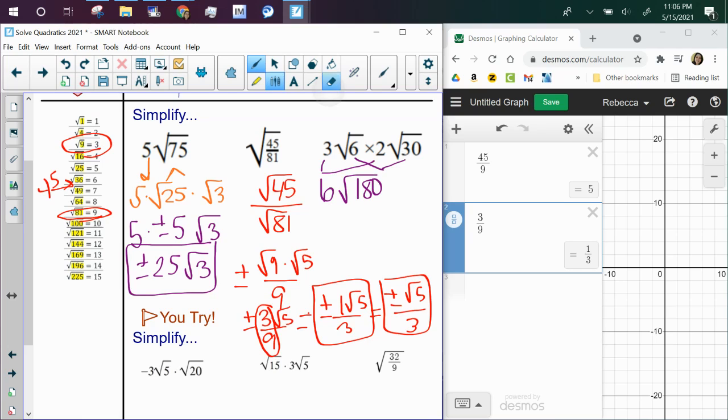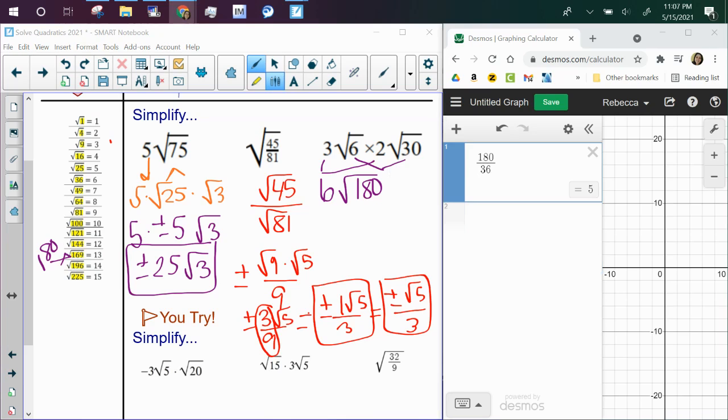So if I'm looking at my list over here, 180 is way down here towards the bottom. Why don't you pause the video and see if you could find the biggest perfect square that goes into 180. Remember, no decimals. Okay, I hope you got 36 like I did. 36 and 5 is what I got.